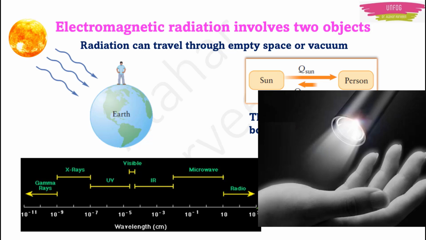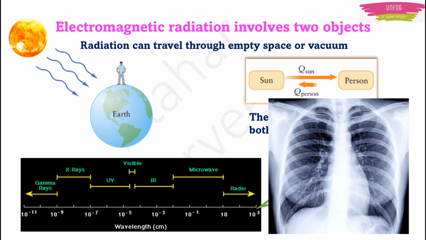No. Can you see the picture inside the body with that light? No. This can happen with X-rays. If you allow X-rays to pass through a body, then you can see whatever is inside, the bones and all those things. That is because X-rays have more energy when compared to other radiations.